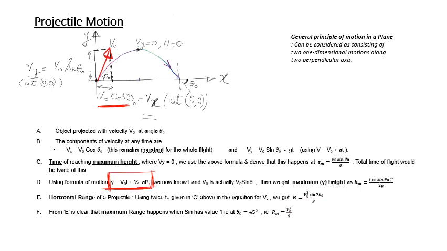In the formula, v0 is the initial velocity. If you look at the figure at the top, this is the initial vertical velocity of the object when it was thrown at the origin. At this point it was thrown, and at that time the initial velocity was v0 sine theta 0.